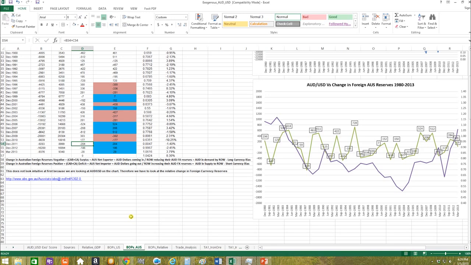This means Australian dollars are going out of Australia, and the rest of the world is increasing their Australian dollar reserves. So the Australian dollar is in supply to the rest of the world. And from a static perspective, this gives us a default short currency bias. Now, as mentioned, this is obviously the same analysis as we've applied to the United States.